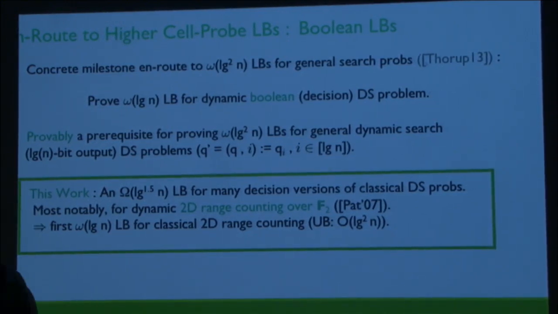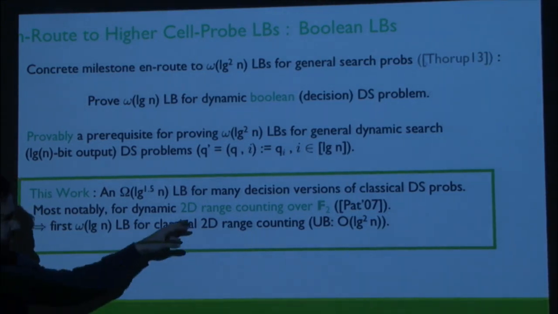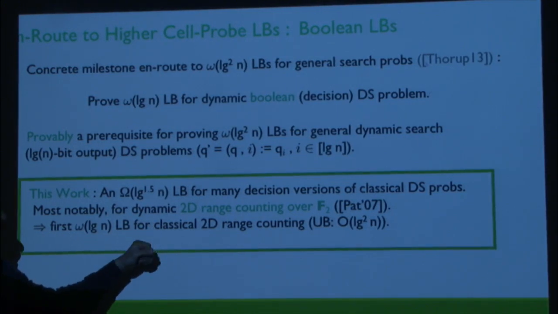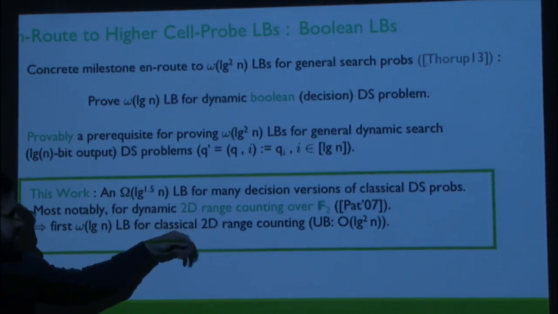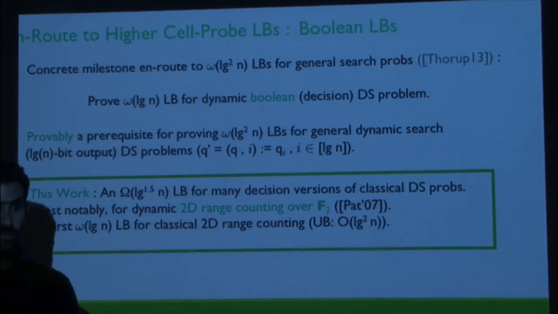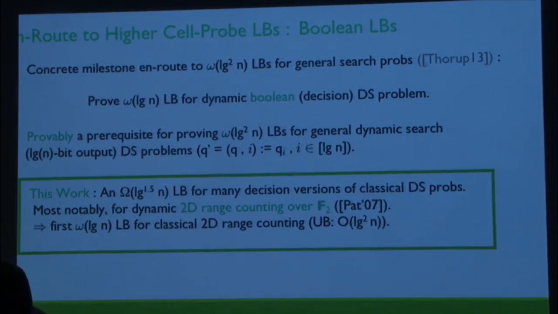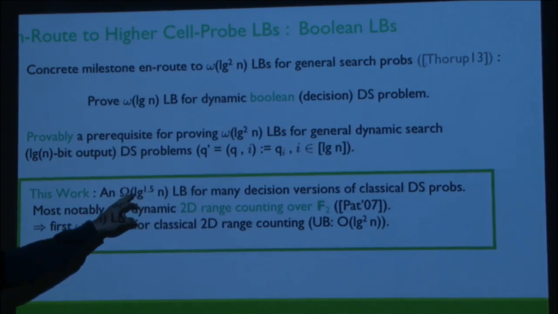I'm not going to elaborate on this in the interest of time, but the most notable problem we managed to prove a lower bound for is the two-dimensional, the 2D range counting problem over F2. So even if you only need to report the parity of the points, you need to spend this much time.